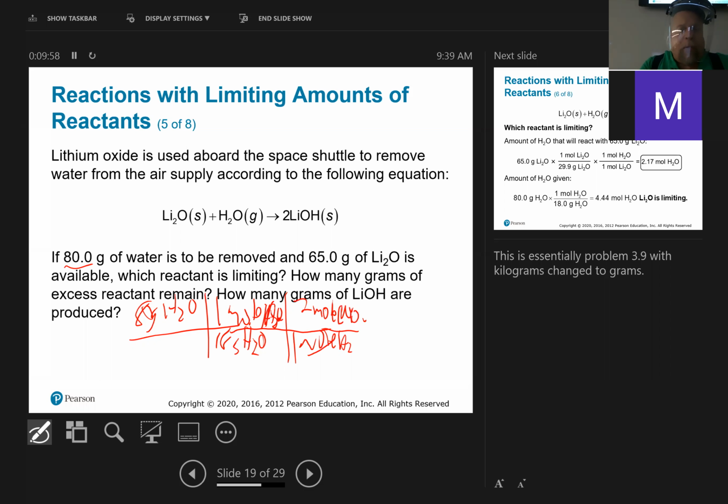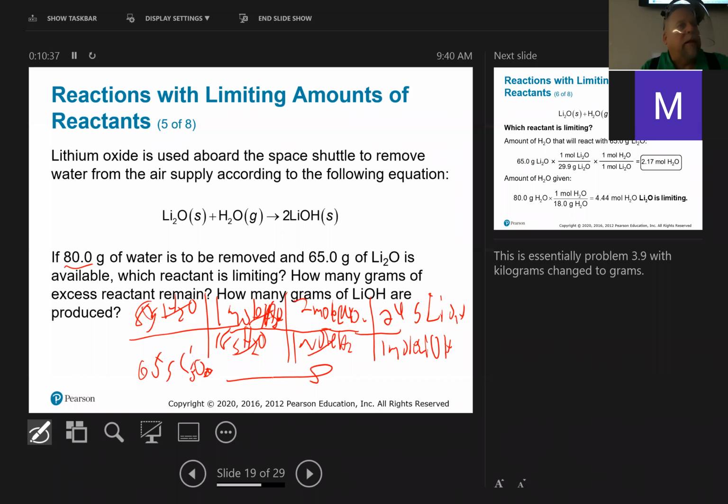Okay, and so the moles of water cancel, the grams of water cancel, and now you have the moles there, and then you can convert that to grams. 1 mole of lithium hydroxide is, you look on the thing there, 7 plus 17, so that's 24 grams of lithium hydroxide. Do the math, figure out how much product you get. And then essentially the other one, you start with 65 grams of lithium oxide, and then go the same way. So essentially you go all the way over to the other side.